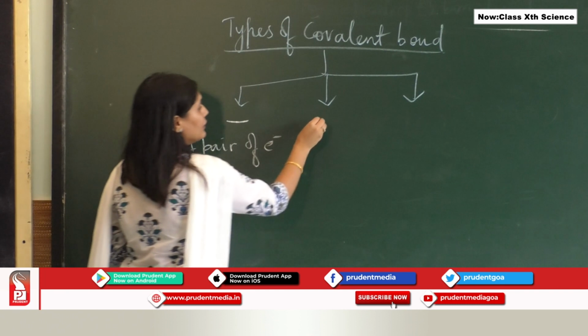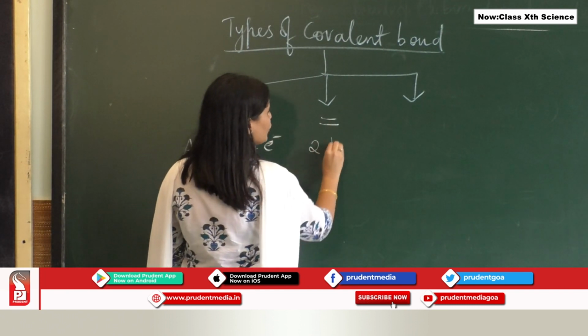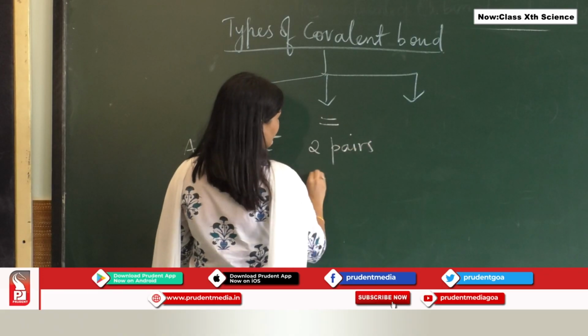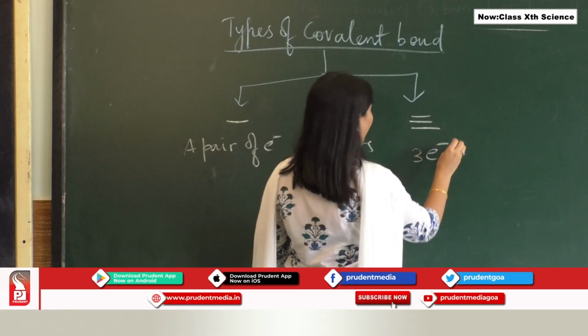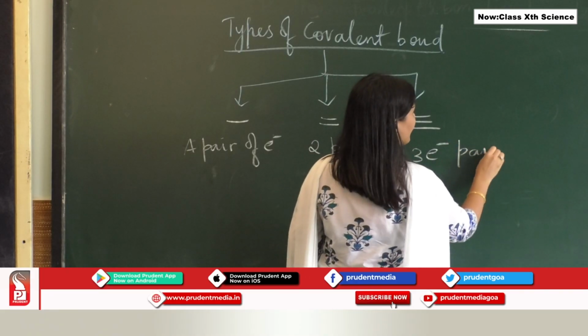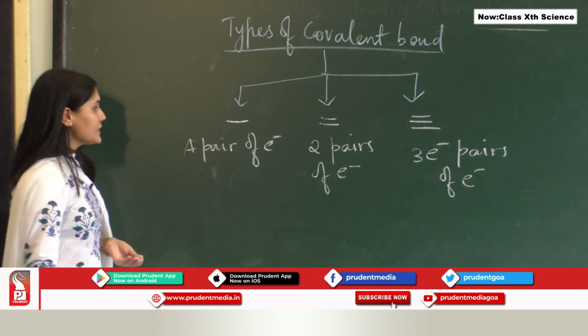Then we have a double covalent bond, which is formed by sharing of 2 pairs of electrons, and then we have a triple covalent bond, which is formed by sharing 3 pairs of electrons. Then we have seen examples.